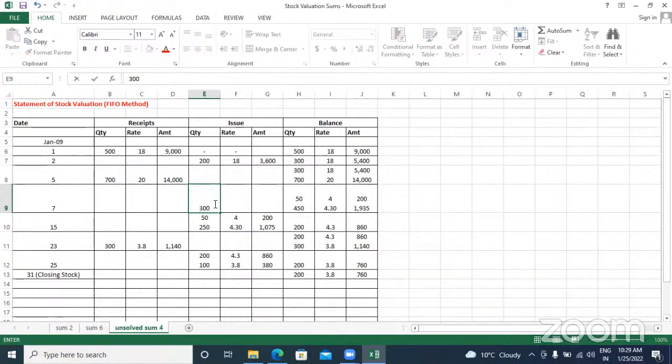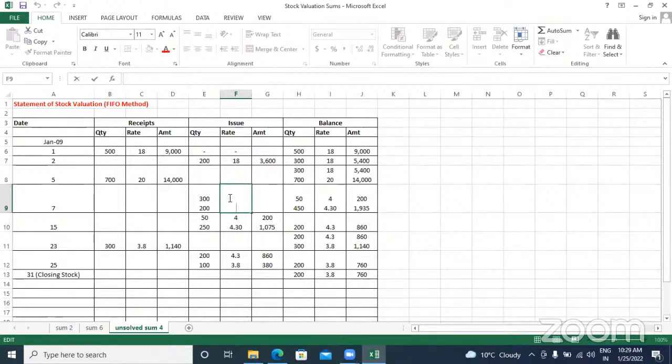Out of 500, 300 are already issued. So tell me how much is left to be issued? 200, ma'am. So here you will write 200. Is that very clear? Yes, ma'am.